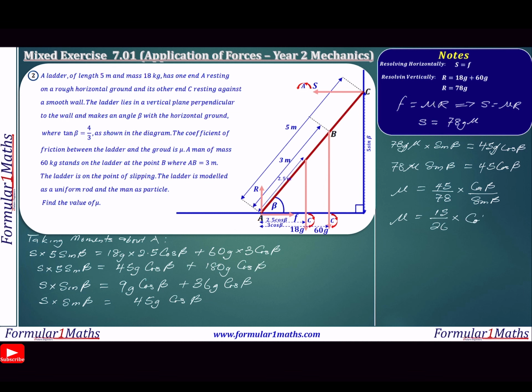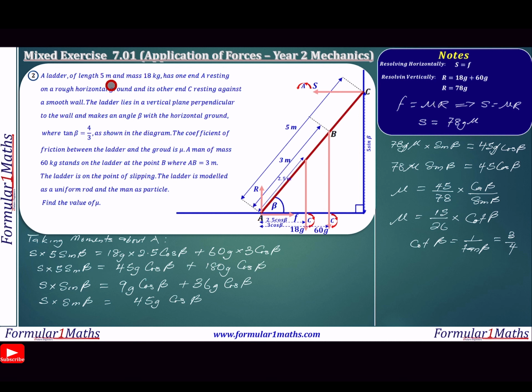But cot beta is equal to 1 over tan beta. So we know that cot beta is equal to 1 over tan beta, which will be equal to 3 over 4, because tan beta is 4 over 3.